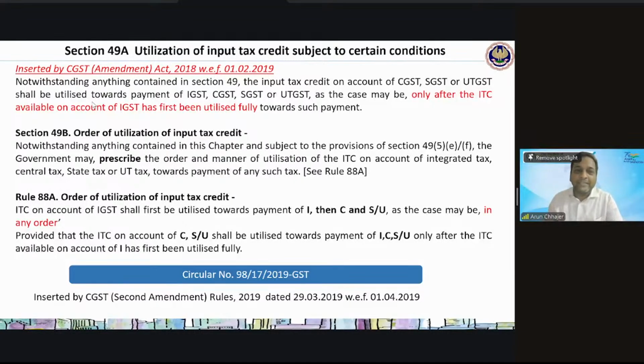But 49B has been made by saying subject to the provision. Okay, tell me one thing. What is the meaning of subject to the provision?